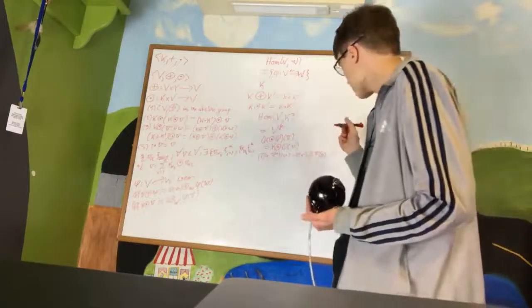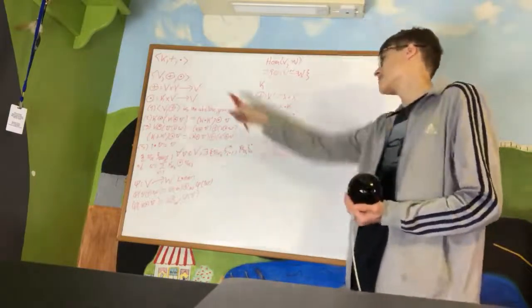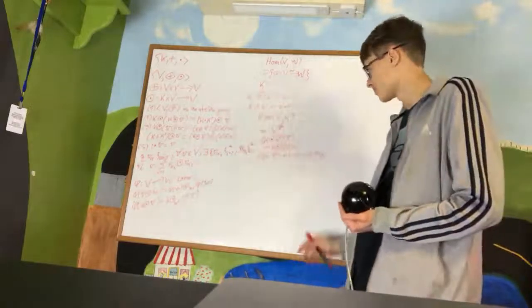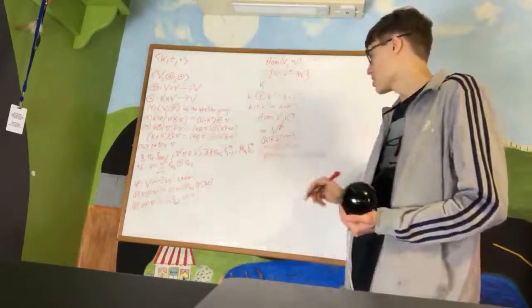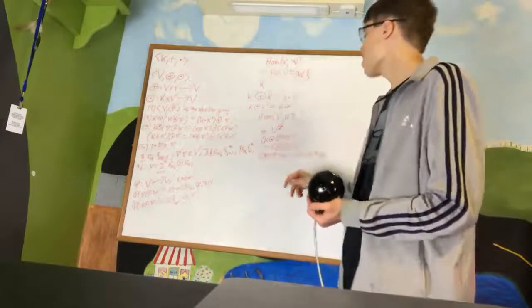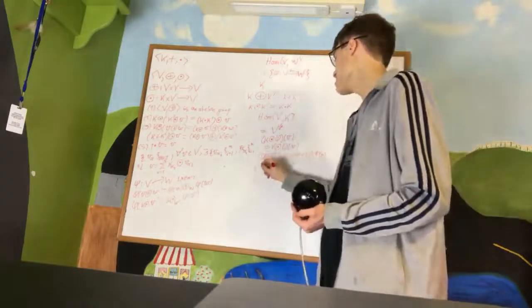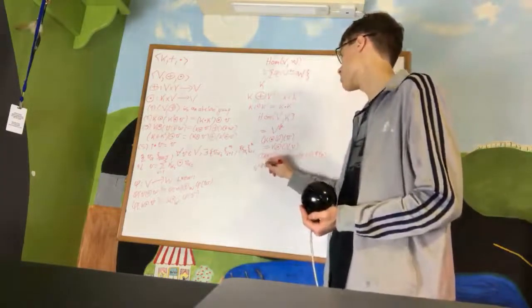You can check that this obeys the axioms as well. And so because V star is a vector space, we can take V star star.